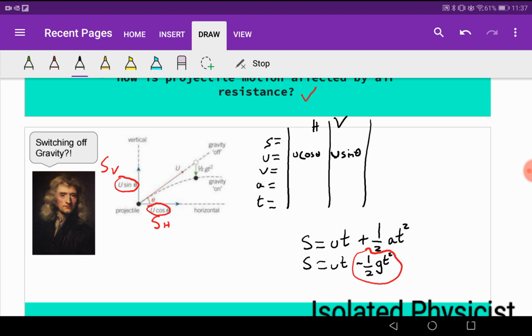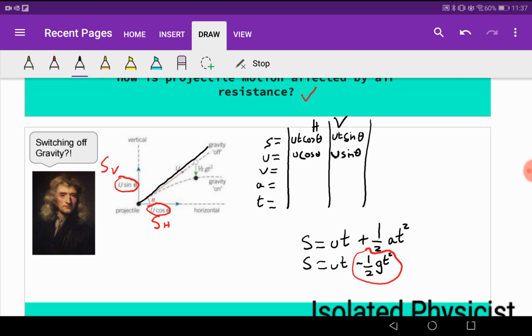So our distance would just be ut cos theta, and here ut sine theta. So constant the whole time. So you can see why we end up with a straight line here if gravity was off, which is what we'd expect.